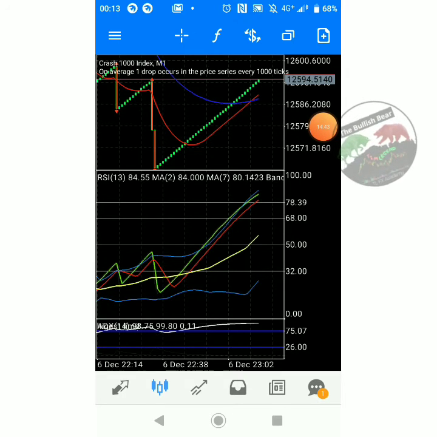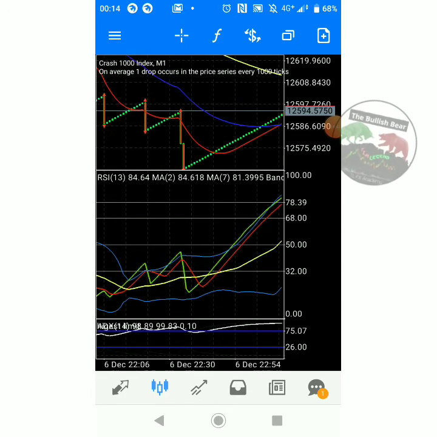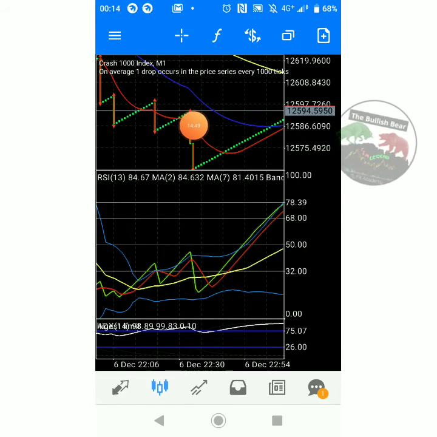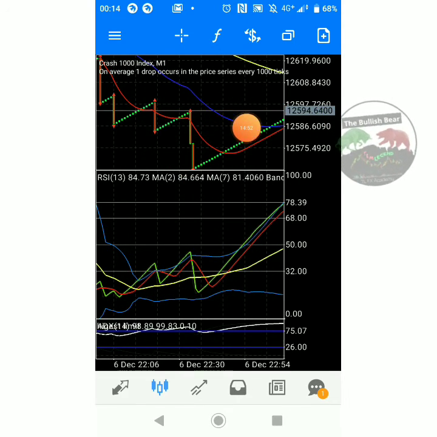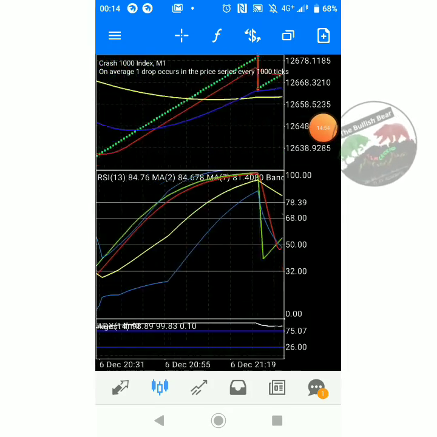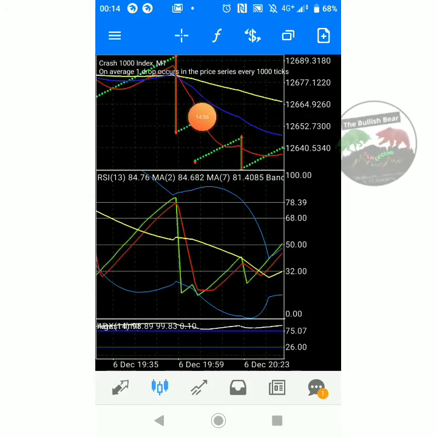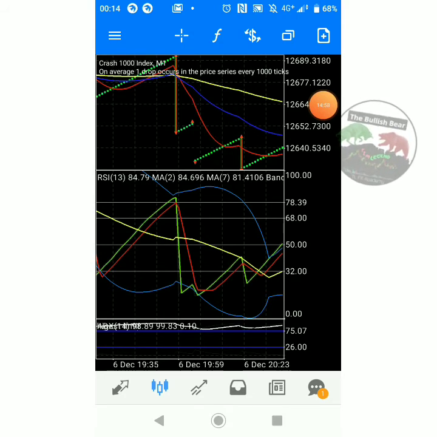It means there will be a lot of buying opportunities and very little sells. The spikes are not going to be so long like all this, because it's an uptrend, so there'll be much more opportunity to buy.